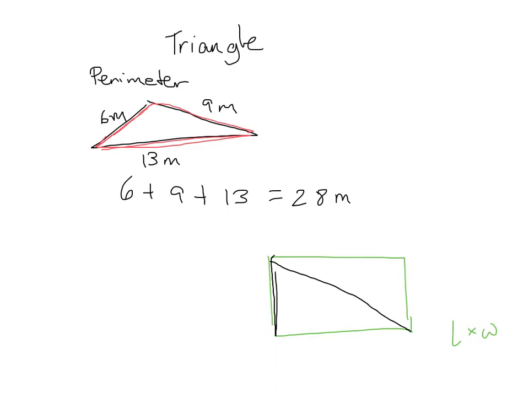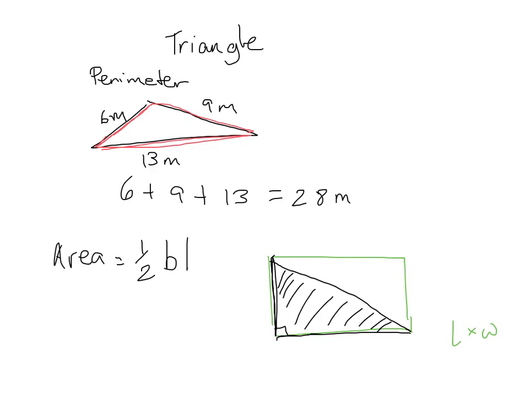So now, a half of a rectangle is actually, ta-da, a triangle. So a triangle is really a half of a rectangle, which is why the area, if we had to fill our triangle with something, the area of a triangle is a half base times height.